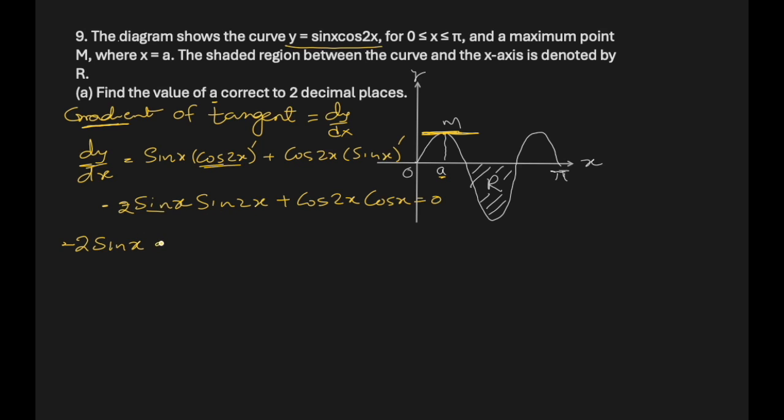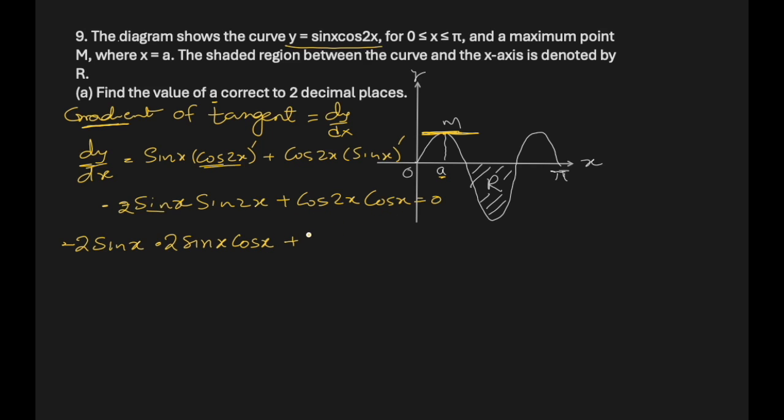Sin 2x can be written as 2 sin x cos x. Now you might be thinking that we still have sin x, but this is sin square x, which can become cos square x later on. Or let's leave it sin only, because cos x will be common here.